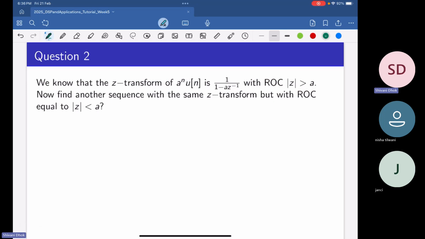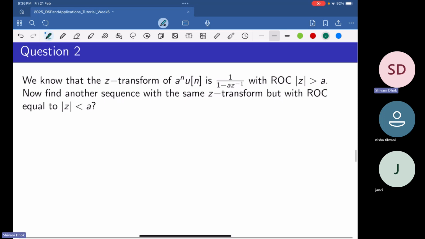Okay, so this question says that we know that the Z transform of a to the power n u of n is 1 upon 1 minus az inverse with region of convergence magnitude of z greater than a. So a here is a positive quantity.